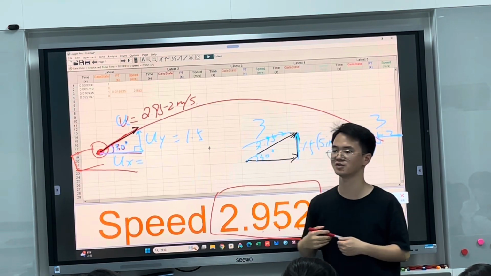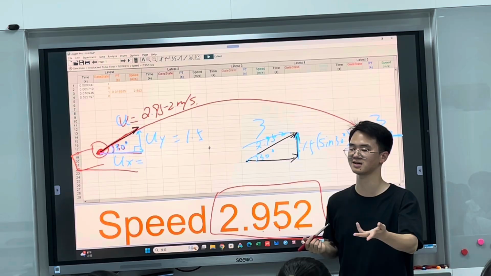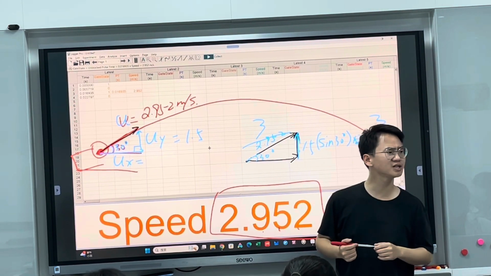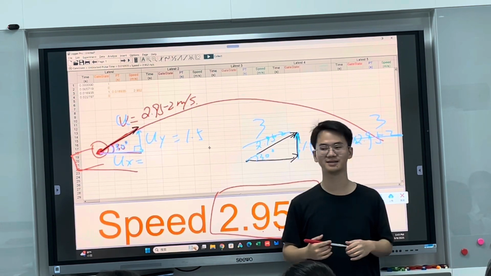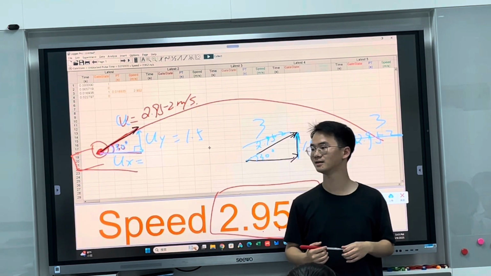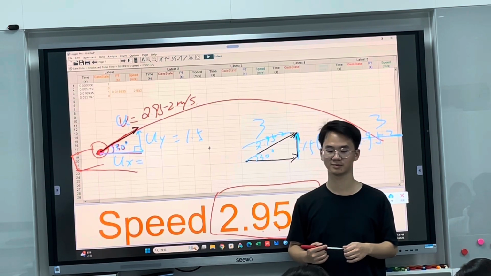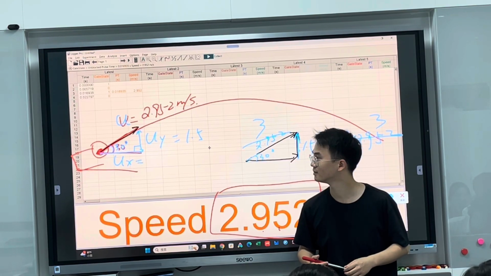What about this initial velocity here? Cosine 30 degrees times 3, that's going to give you how much? In decimal places. 4.24? How's that possible?